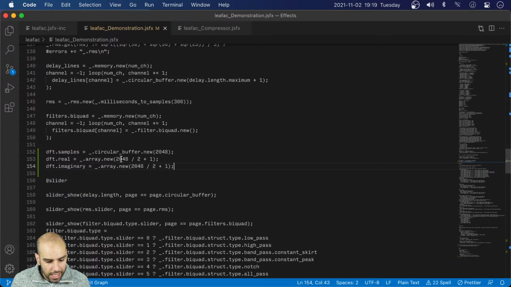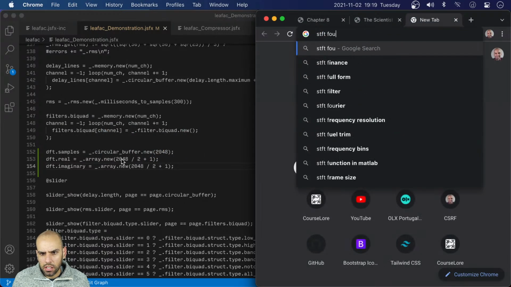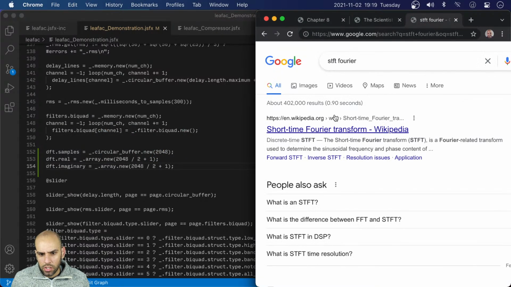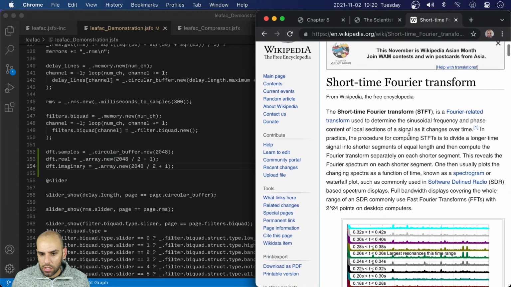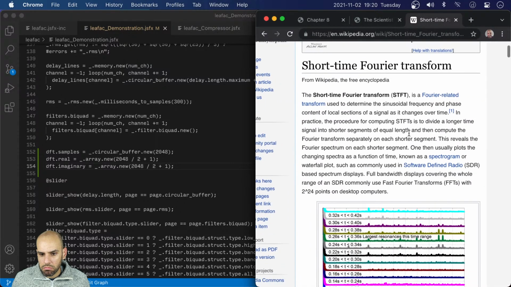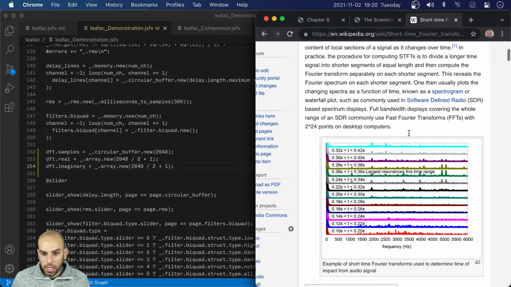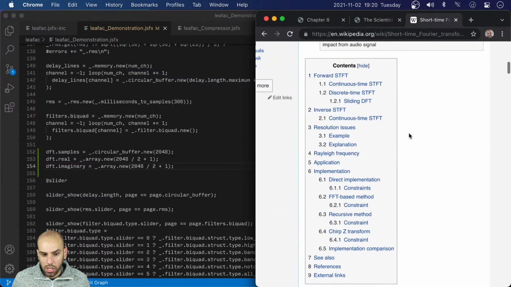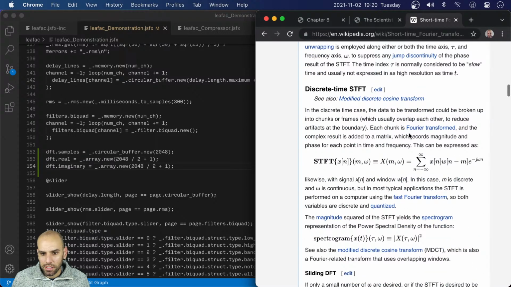And you are asking about STFT, right? Short-time Fourier transform. What's that about? I'll answer a question to the best of my knowledge. I have no idea. I don't know. Maybe.